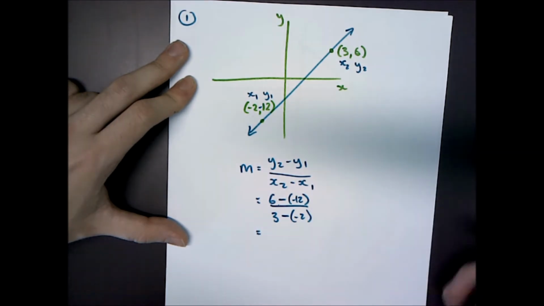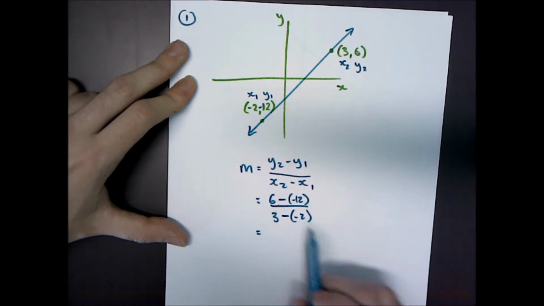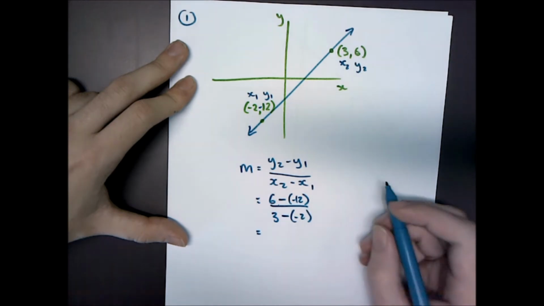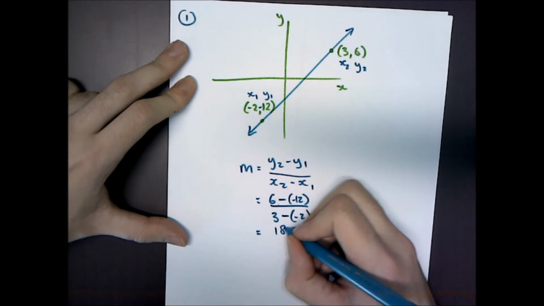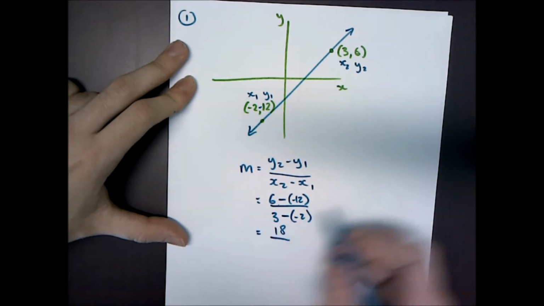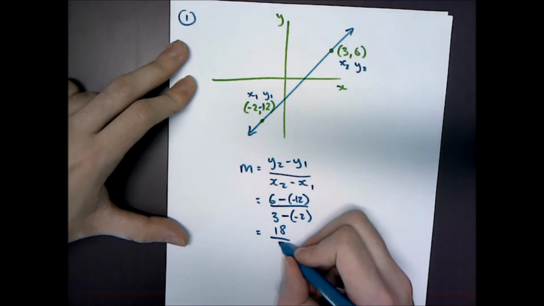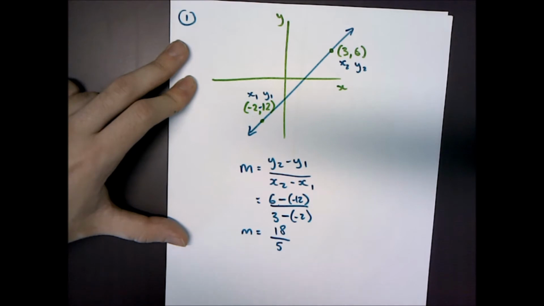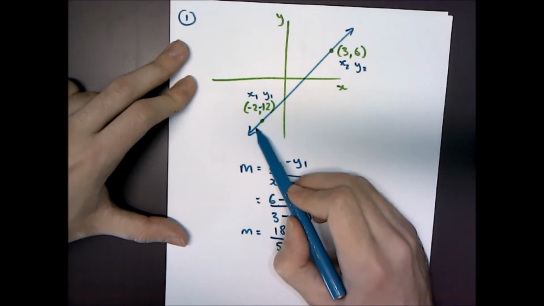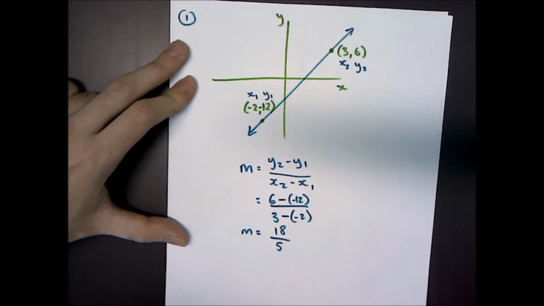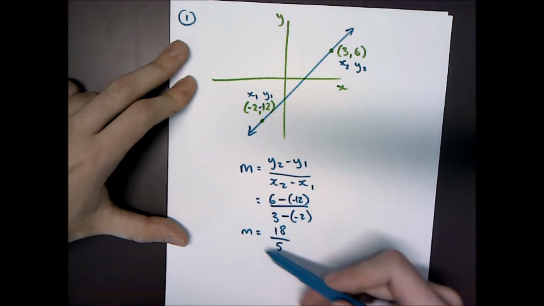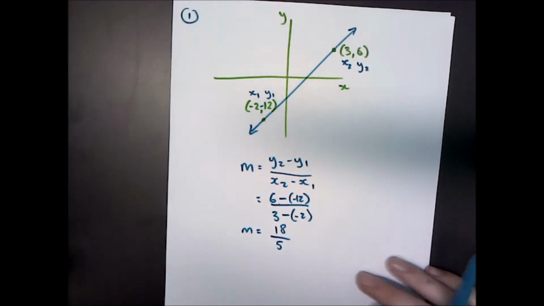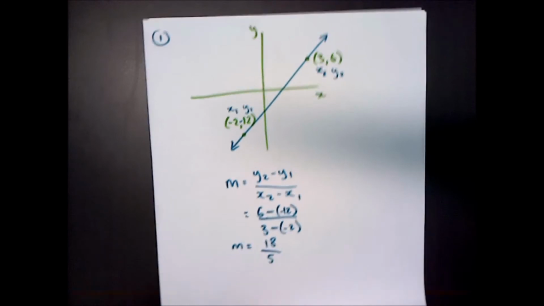Then you just plug through. 6 minus negative 12 is 18. 3 minus negative 2 is 5. So my gradient is 18 on 5, which is a positive number, which makes sense since reading from left to right, it is increasing. You should simplify this fraction if you can, or you could change it to a decimal as well.